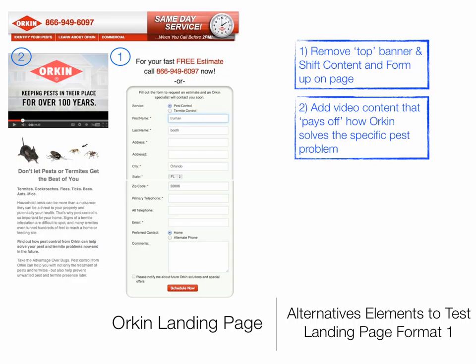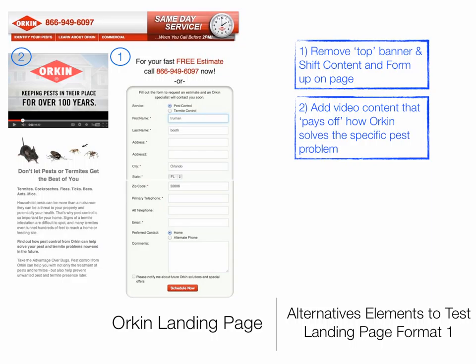So in the alternative elements to test landing page format 1, we would remove the top banner, just like I said, in order to free up extra real estate on the page. And I would also add video content to the top left and push the text messaging content below the video content.